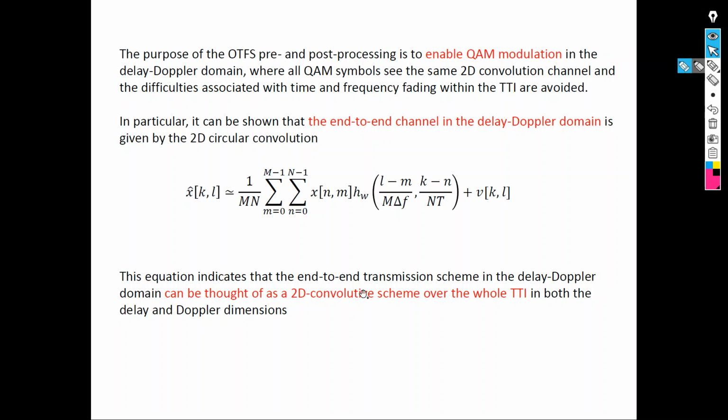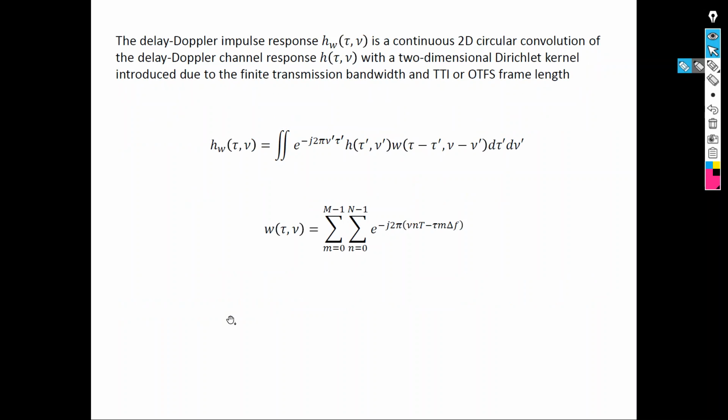This equation indicates that the end-to-end transmission scheme in the delay Doppler domain can be thought of as a 2D convolutive scheme over the whole TTI in both the delay and Doppler dimensions. The delay Doppler impulse response is a continuous 2D circular convolution of the delay Doppler channel response. Yes?